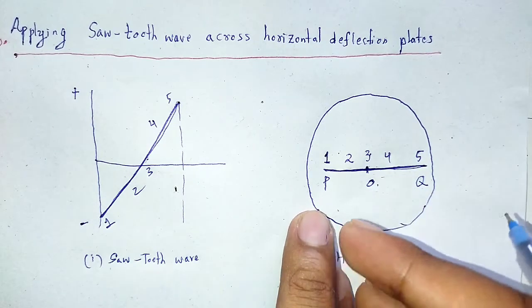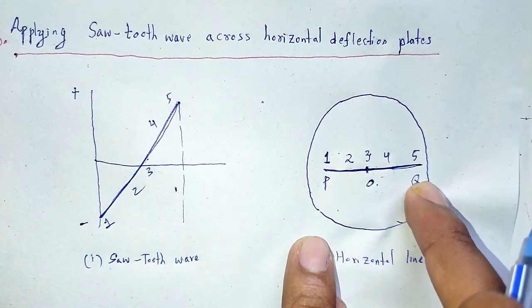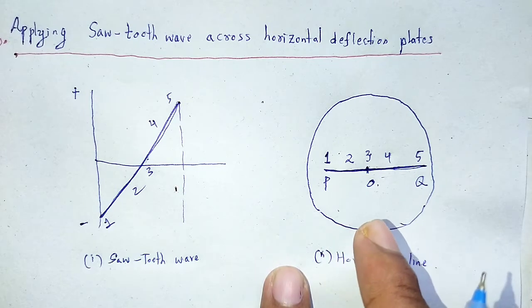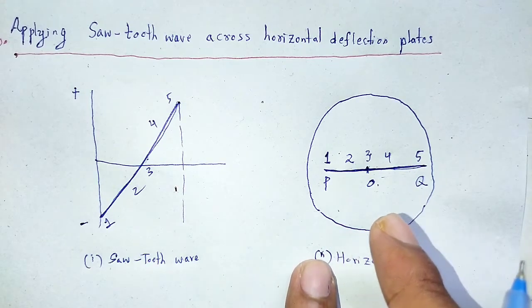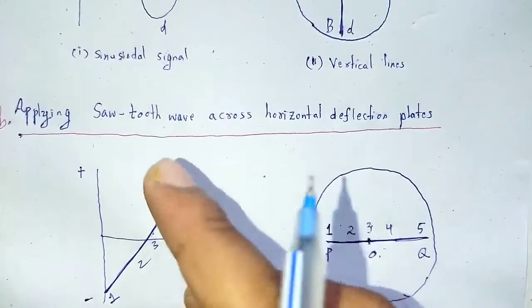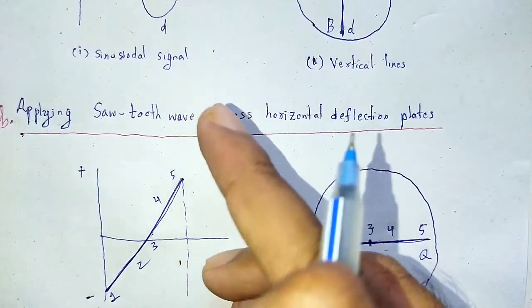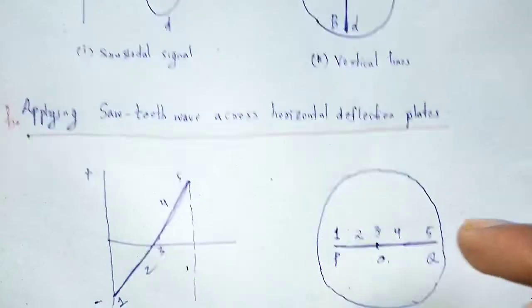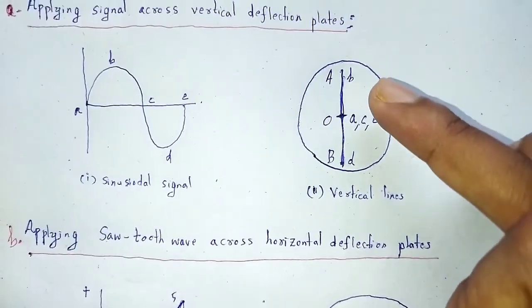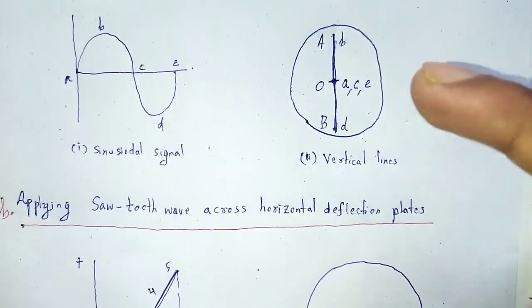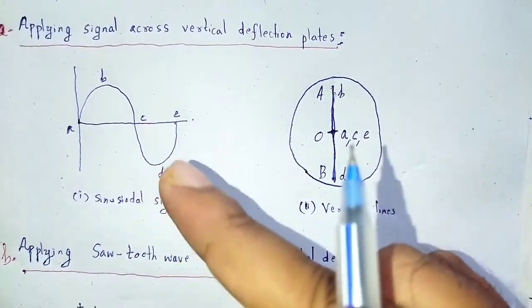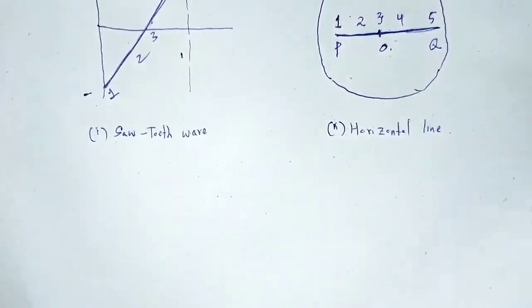We will see a horizontal line POQ due to the given sawtooth wave only in the absence of the applied sinusoidal signal to the vertical plates. Now, on the combination of these two, we can see the applied signal on the screen.